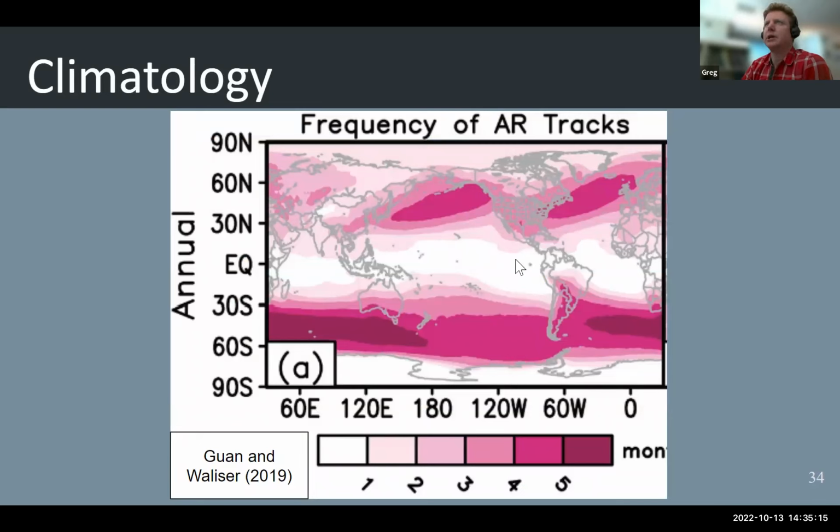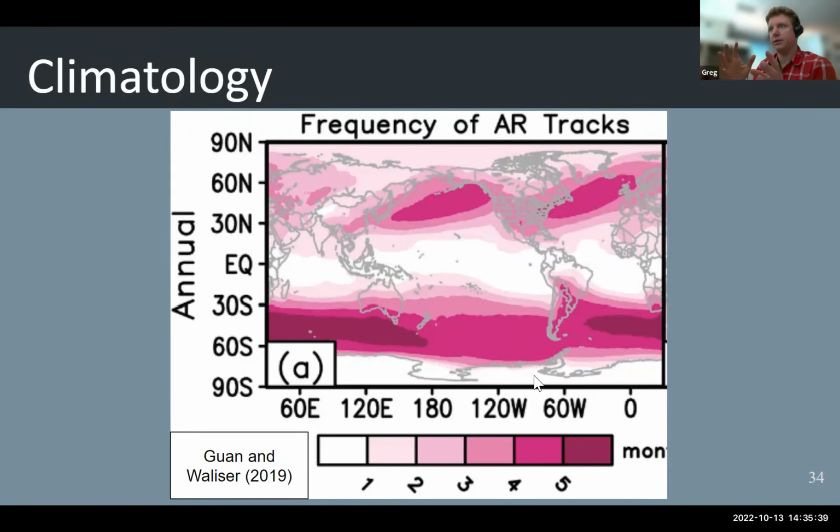And then as far as frequency globally, atmospheric rivers are not just a thing that happens to the west coast of North America. They definitely happen globally. The conference this week is based in Chile, so there have been a lot of talks of atmospheric rivers impacting Chile, but also Antarctic ARs is a pretty hot topic.